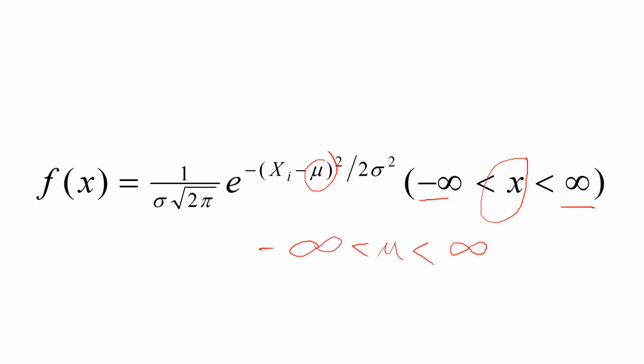Sigma is the standard deviation, and of course sigma squared is the variance. Sigma has to be some positive value, and sigma squared has to be positive as well.